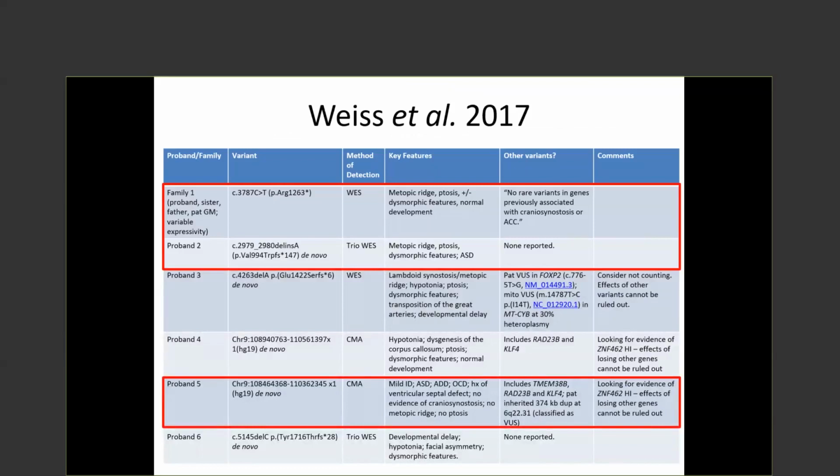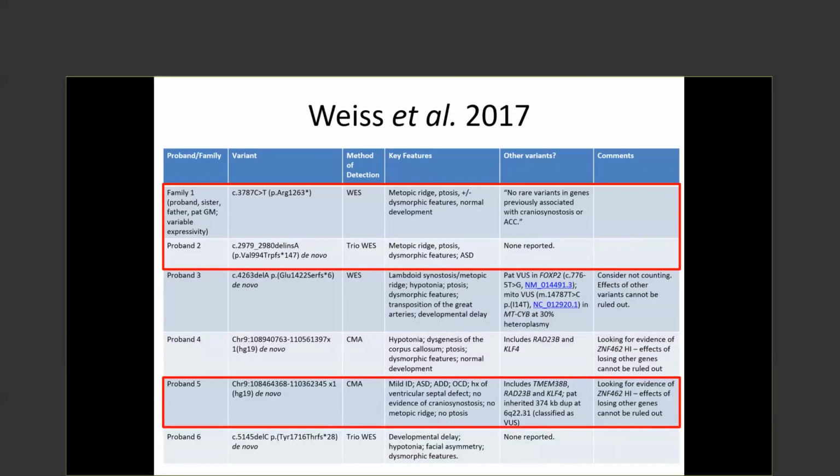When you actually look at what variants were reported in this paper, it was a mixture of sequence variants and there were also 2 copy number variants. The variants that are boxed in red are the variants that we would take forward for the dosage evaluation.